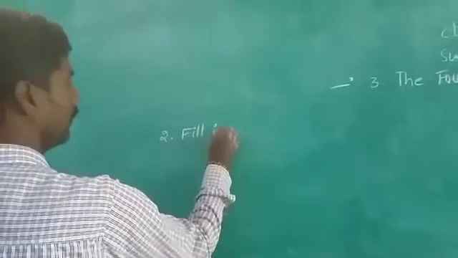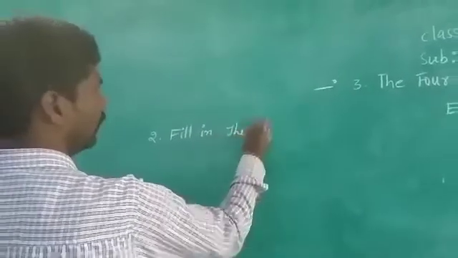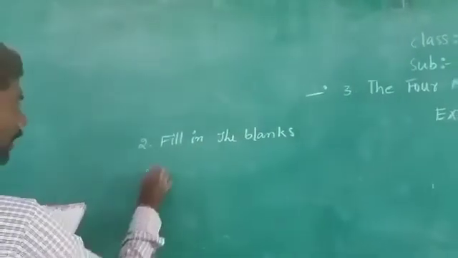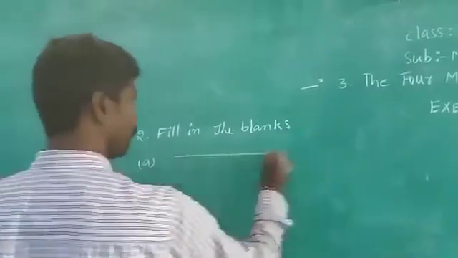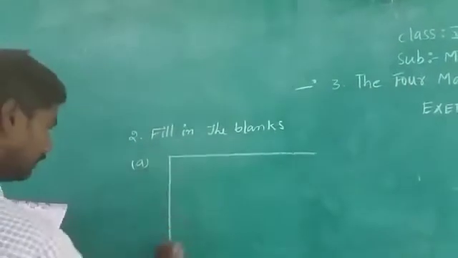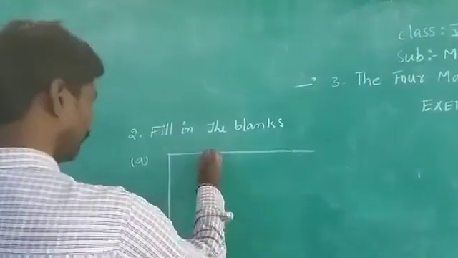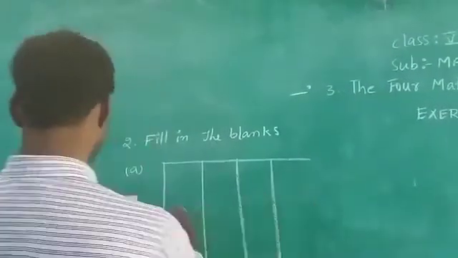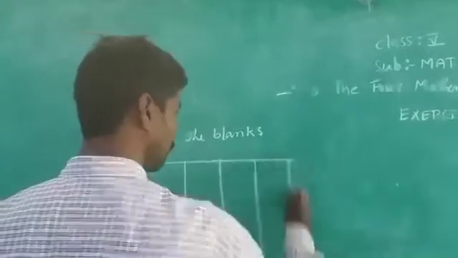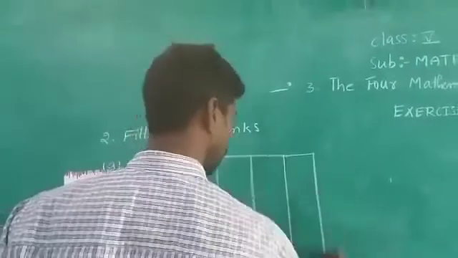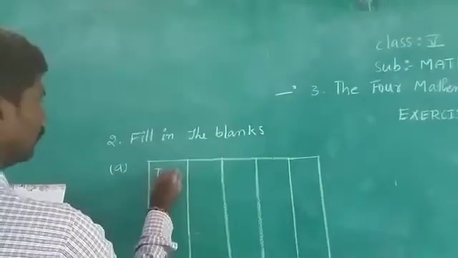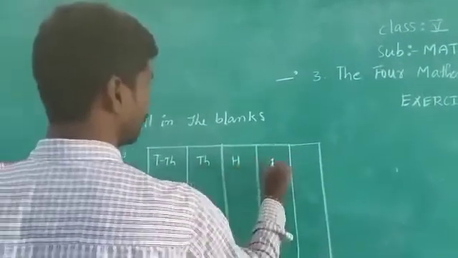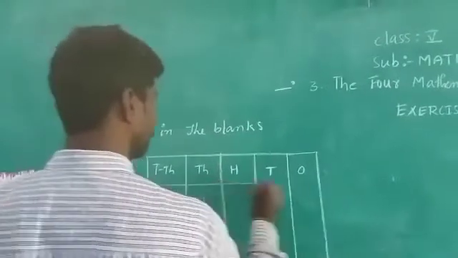Fill in the blanks. A is given like this. So 10,000 plus 1,000 plus 100 plus 10 plus 0 plus.